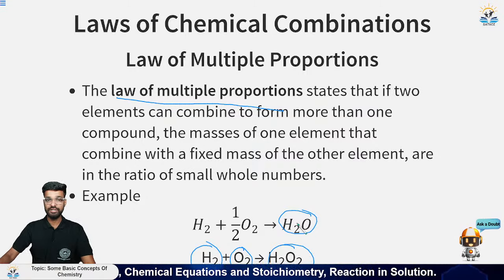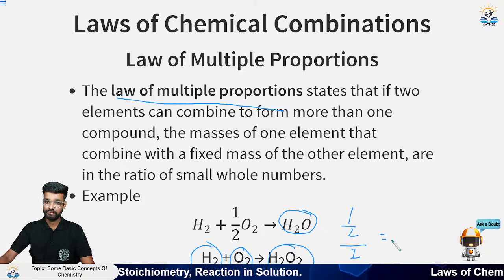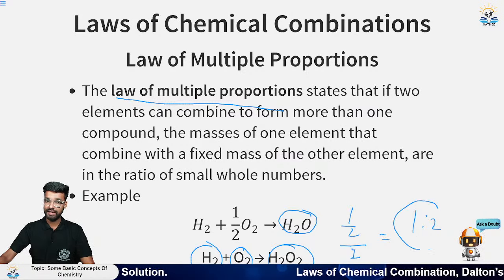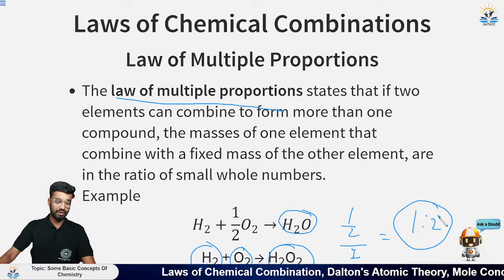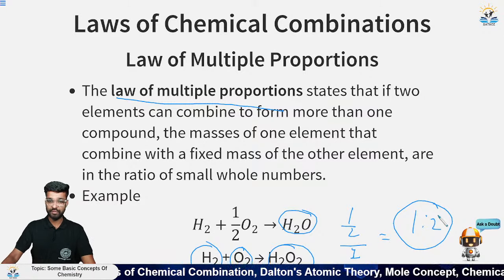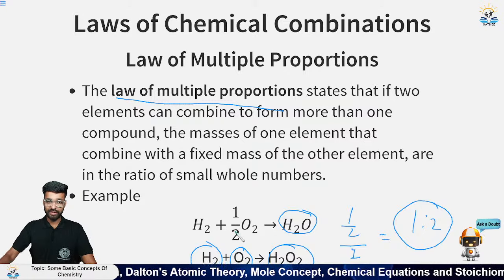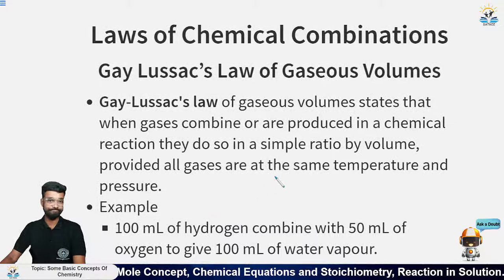If you take the ratio of oxygen here, 1 by 2 to 1, then it is 1 is to 2. I mean that this ratio is always a whole number, so it cannot be a fraction. So this law states that if two elements can combine to form two different compounds, then the ratio by which the reactant combines is always a whole number.